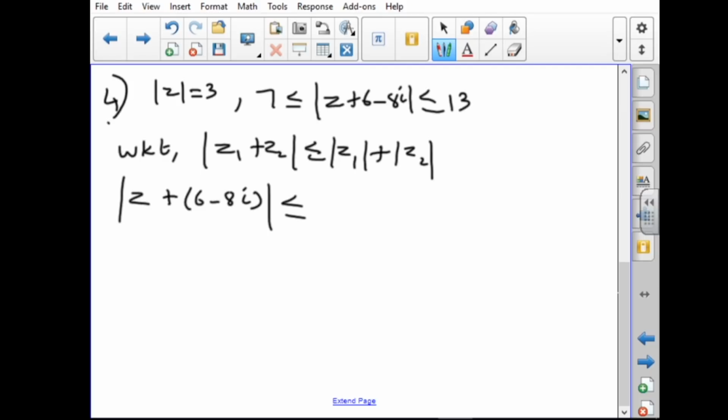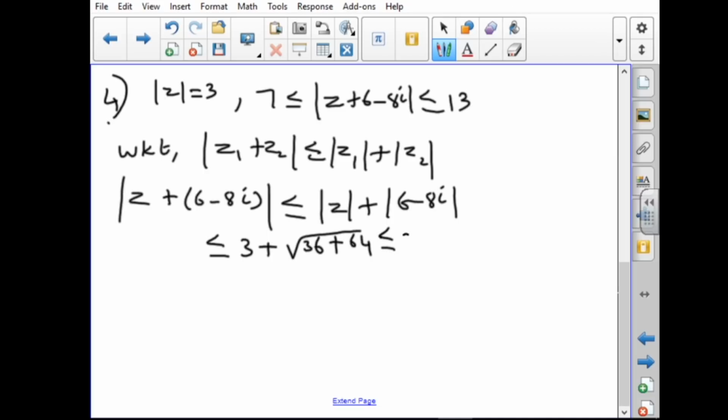Therefore, it will be less than or equal to modulus of Z plus modulus of 6 minus 8i. Given modulus of Z is 3, this is 3 plus square root of 6 square, 6 square is 36 plus 8 square is 64, which is less than or equal to 3 plus square root of 100.